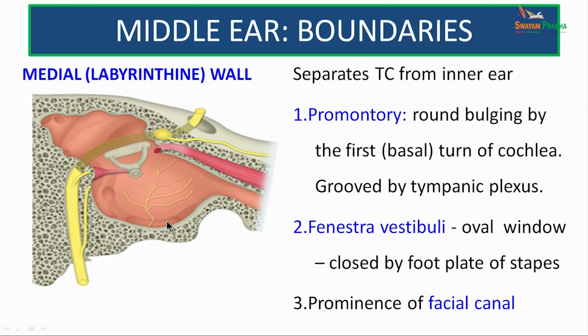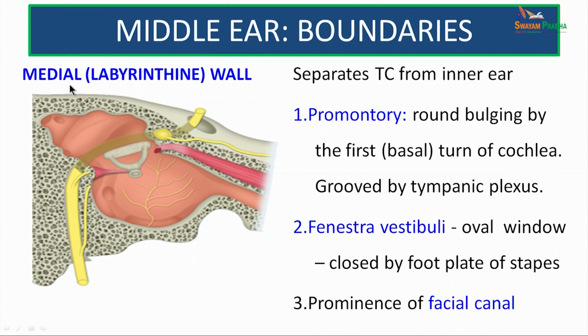This is formed by the first basal turn of the cochlea located in the inner ear, and on its surface we have the ramifications of the tympanic plexus, which might leave small grooves. Next to that is the oval window.